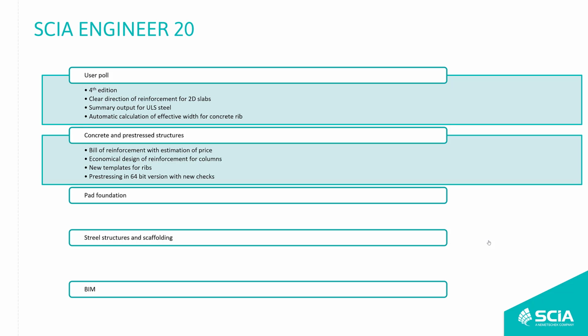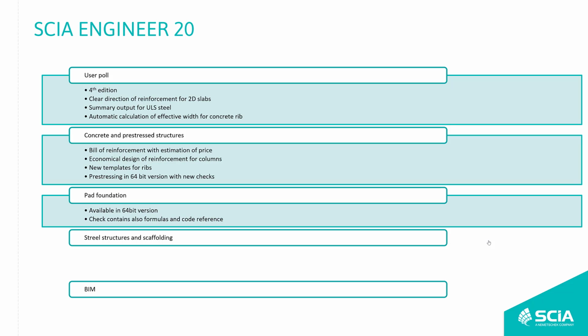We have been speaking about the path foundation, that it's available also in 64-bit and in the default post-processing environment. It contains improved, enhanced, detailed output, which contains all the formulas visible in the report and references to the code which is used.